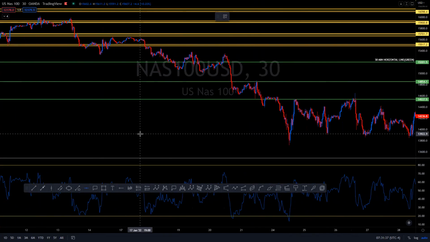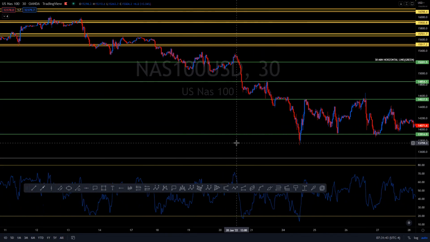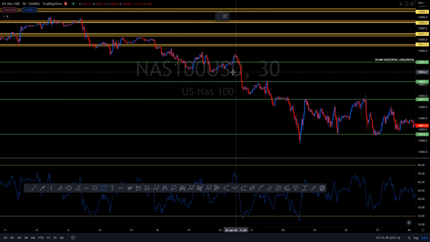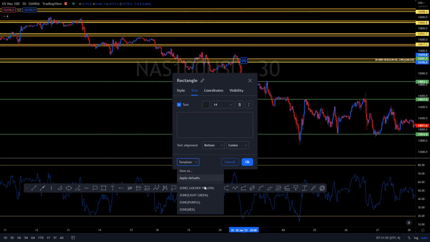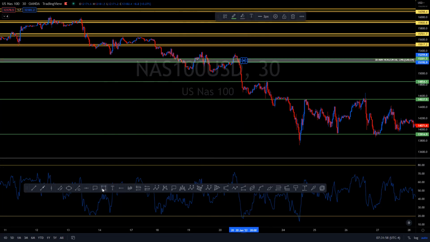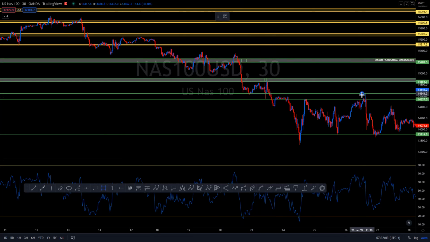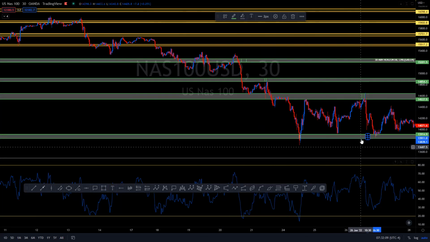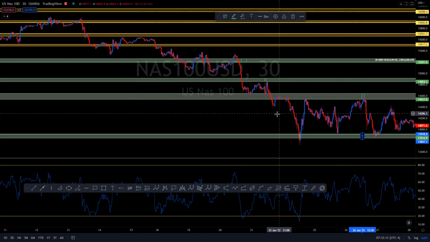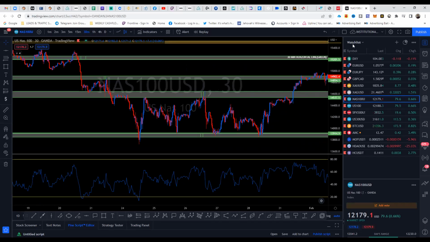And I mark up these areas because these are key areas where the institutions are actually making the biggest moves in. So respecting these areas. So that's what I want to do.